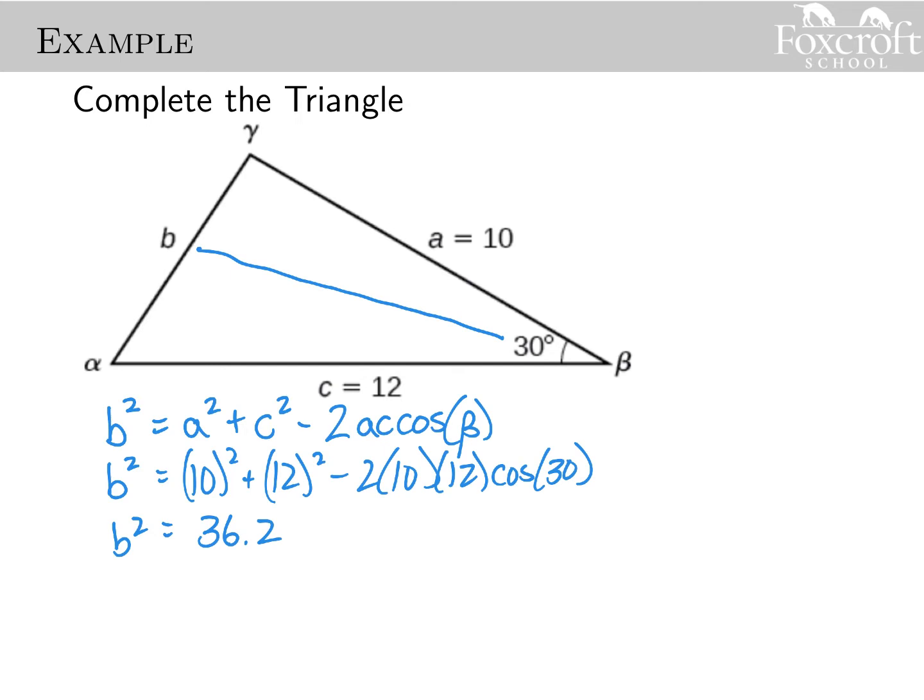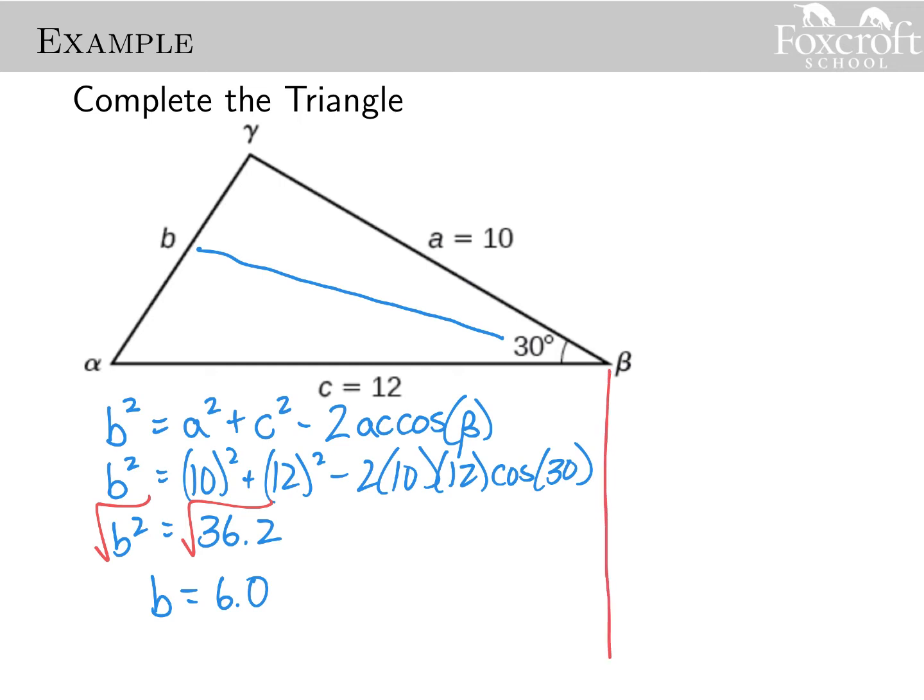We can just put it into a calculator. If you're typing it into a traditional calculator, be careful with your parentheses and multiplying and everything. But now I can figure out b by just taking the square root. I'm going to get my final answer. B is the square root of 36.2, and that's 6.0. So my b value in this case is 6.0.